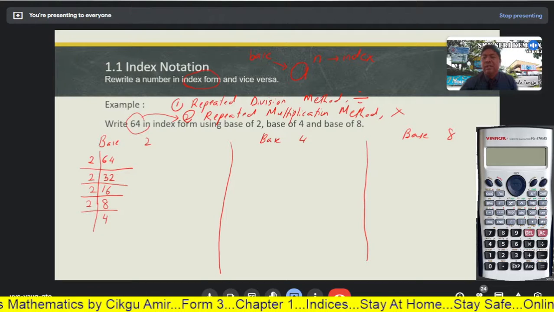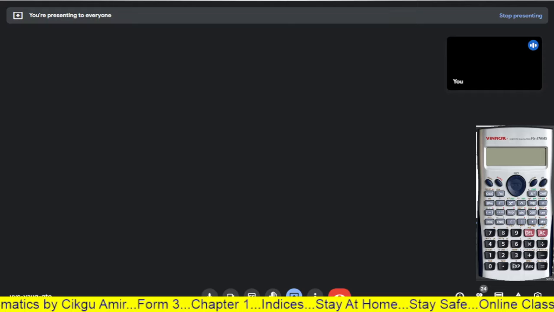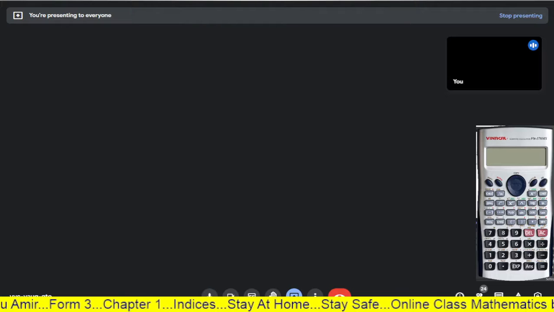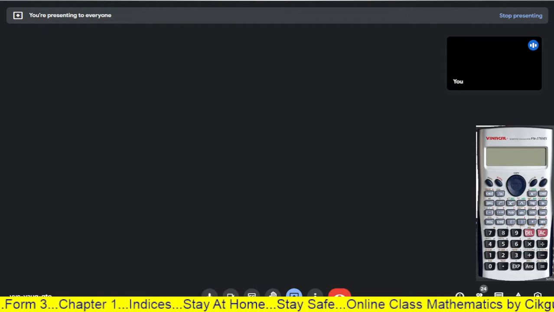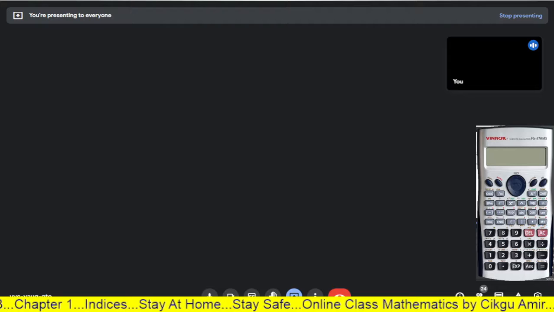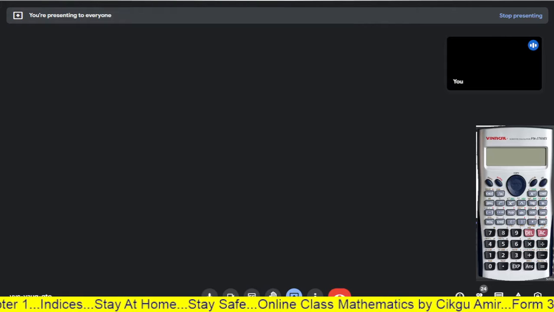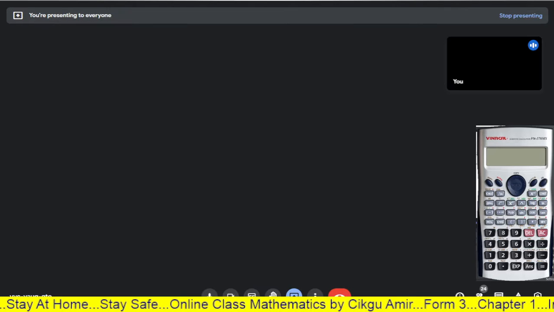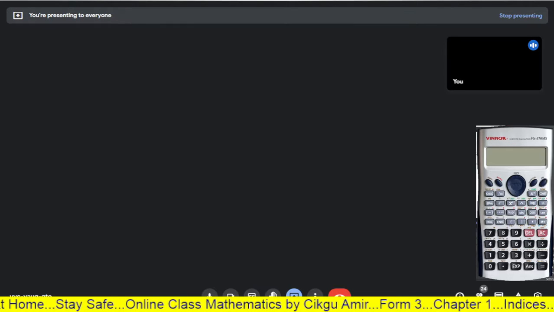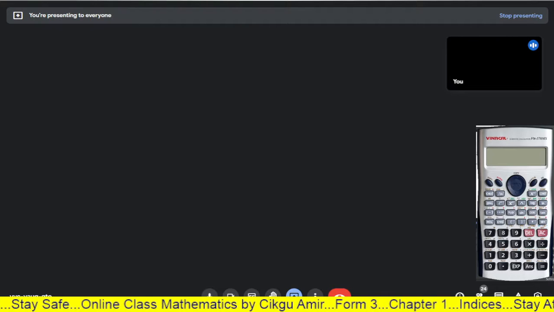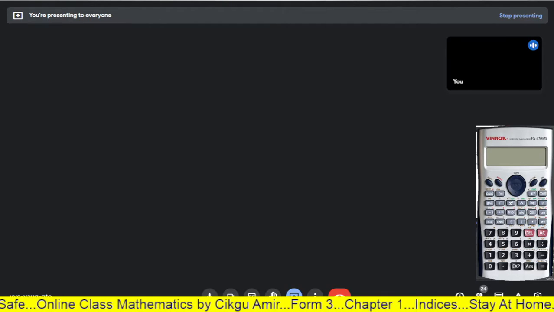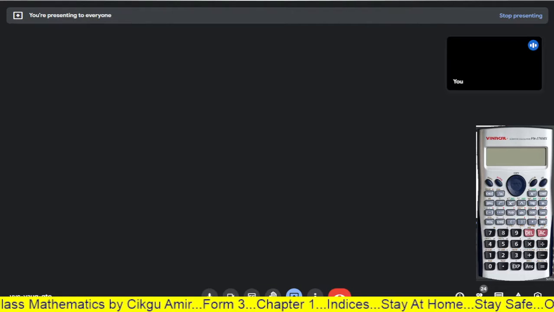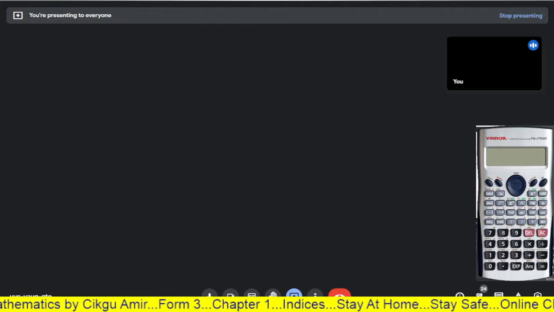Divide again until the answer becomes 1. Divide with the base that you want until the answer is 1. So here, from 64, using the repeat division method, we go until the answer is 1.